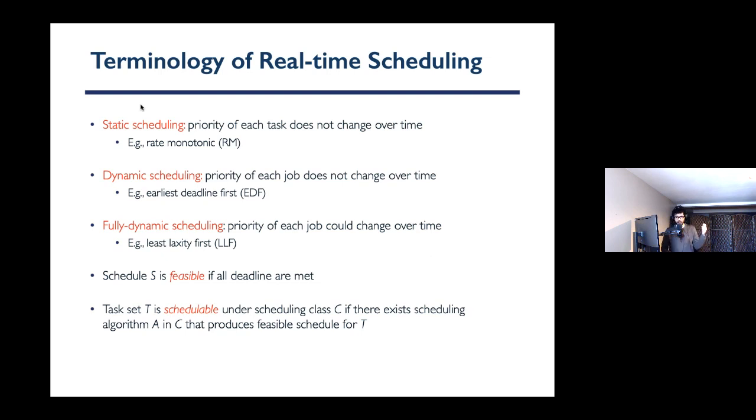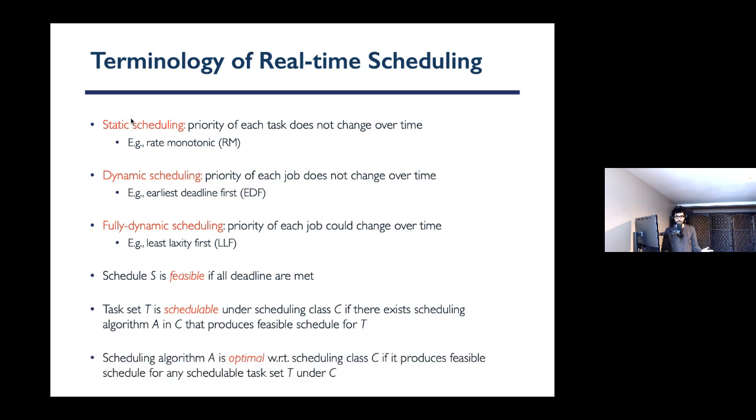If that's true, then we say this task set is schedulable under this class. It might not be. You might find a task set that no scheduling policy under, let's say, static scheduling can make every task meet its deadline, so at least one or two tasks would miss their deadlines. Again, we'll see examples of this.